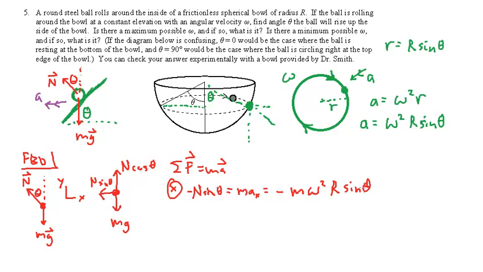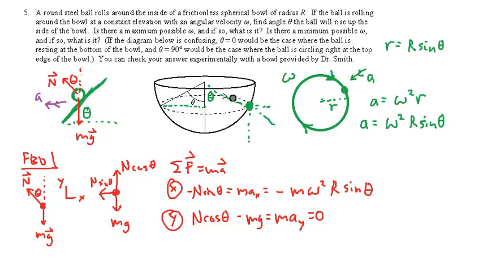Okay, so it looks like we do sum of forces equals mass of the ball times a. In the x direction, we've got negative n sine theta equals m times a in the x direction, which is going to equal our centripetal acceleration to the left, negative omega squared r sine theta.